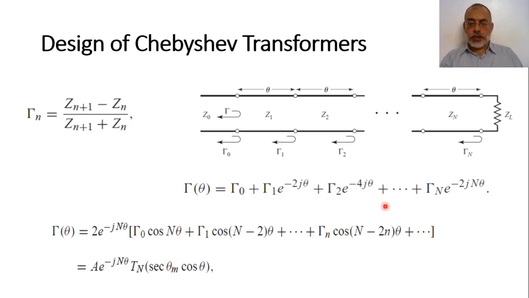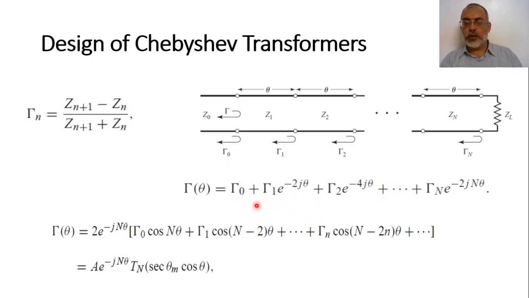This representation can be simplified by assuming that the sections are symmetric. So gamma naught equals gamma n and gamma 1 equals gamma n minus 1, and so on.